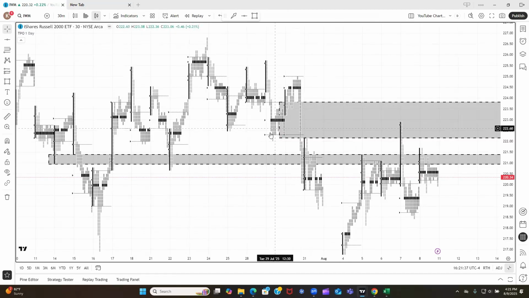The reason I put it here is because on July 30th, price came into it up to the 224.49 area and then faded back down to 223.50, back up to 224.86. It tried it right before 2 o'clock, dropped a little bit before buying back up.